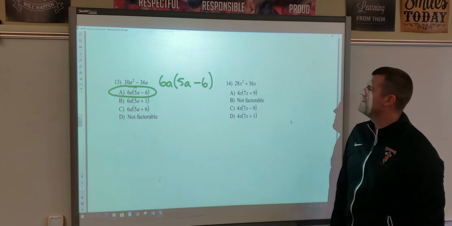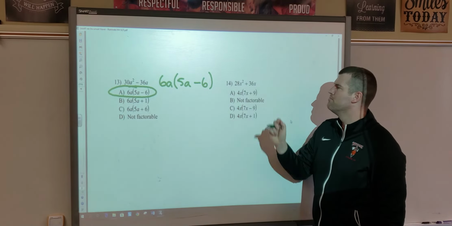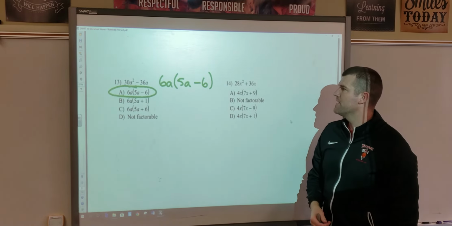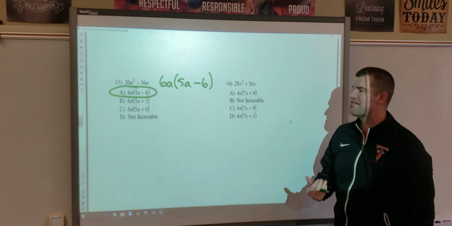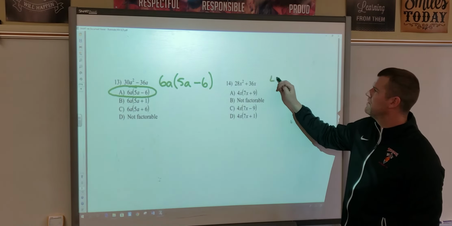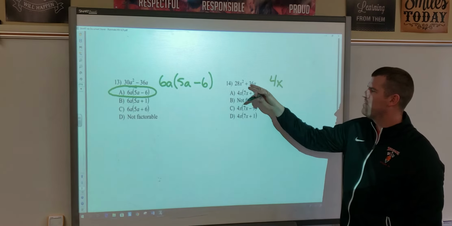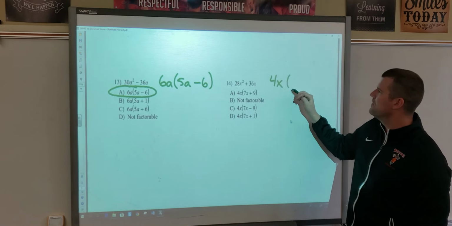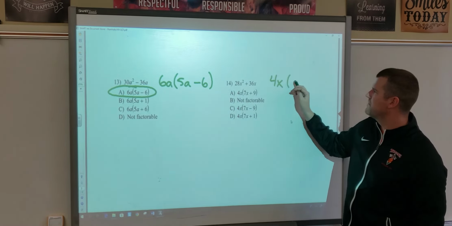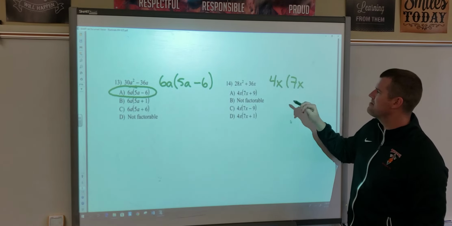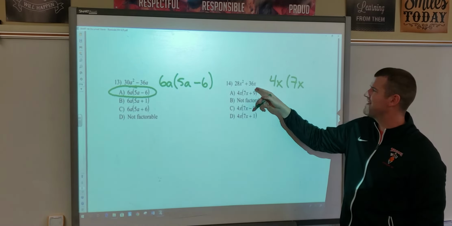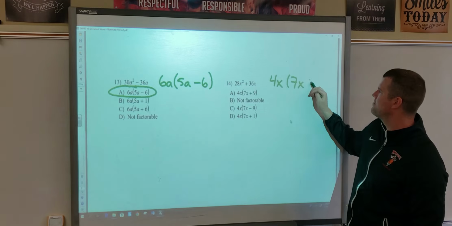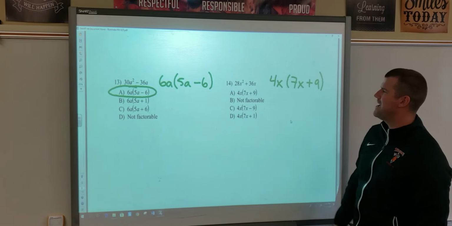Number 14, again, more than one factor that will go into 28 and 36, but our greatest is going to be 4. And then the x as well, because they both have x. And then to get to 28x squared, that's going to be 4x times 7x. And to get to 36x, that's going to be 4x times positive 9.